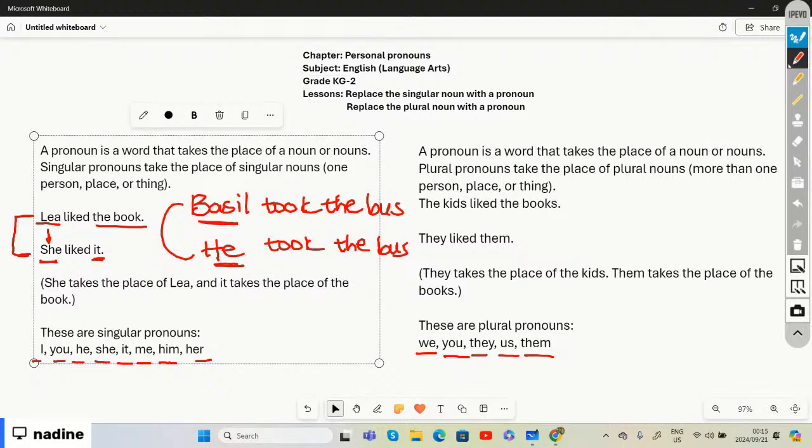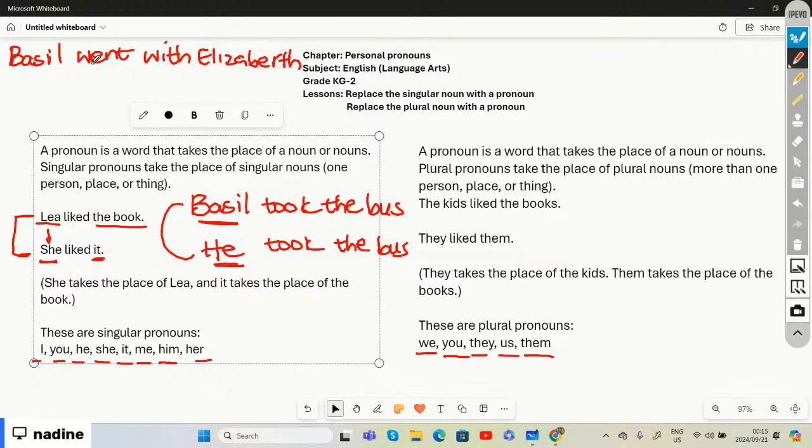But now if I'm saying Basil went with Elizabeth, I'm just making an example, right?